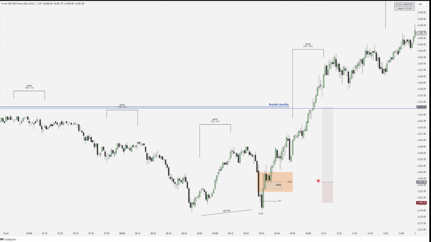I would have looked to enter long inside of this relative rebalance, and the ideal way to place your entry was just at the premium high of that relative rebalance, and then I would have placed my stop below the mean threshold of this change in state of delivery order block.